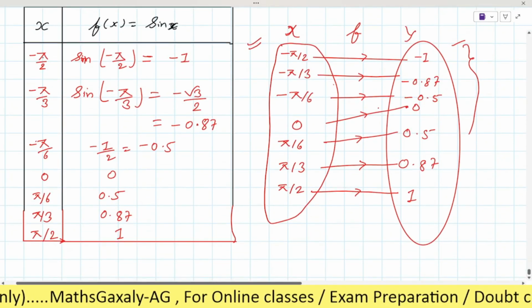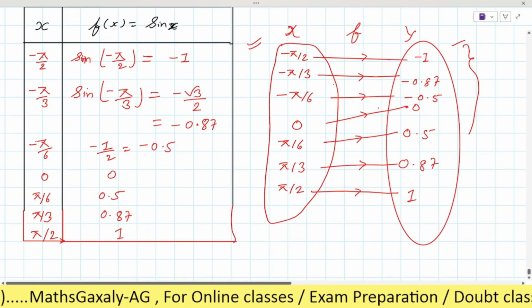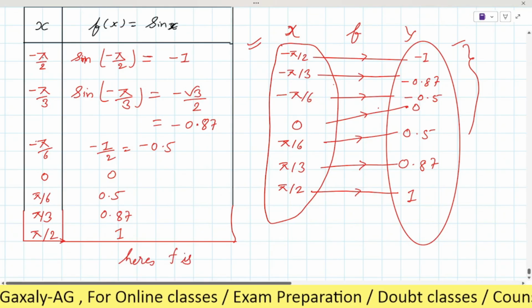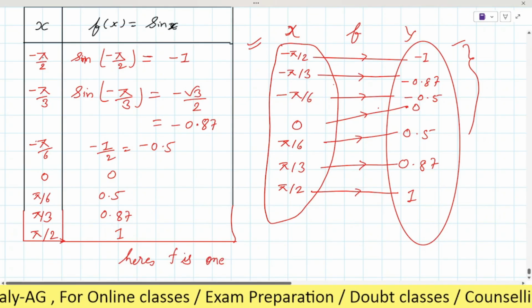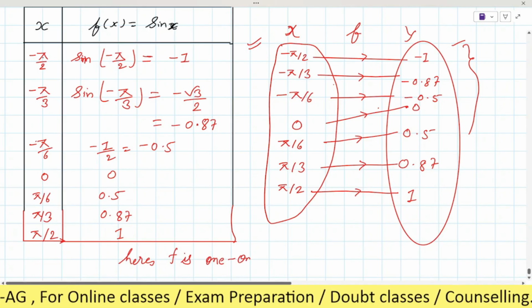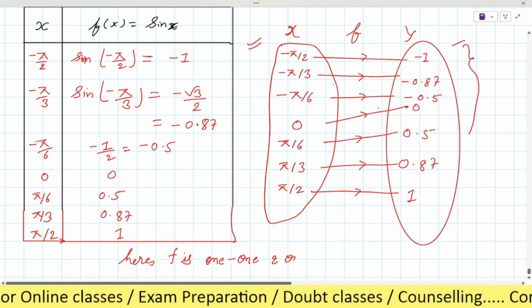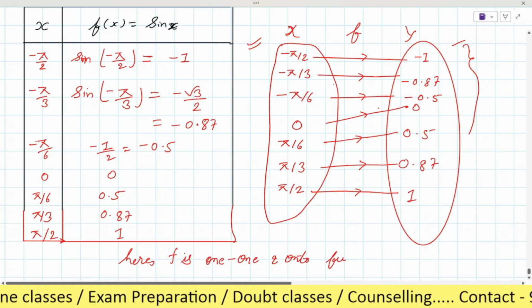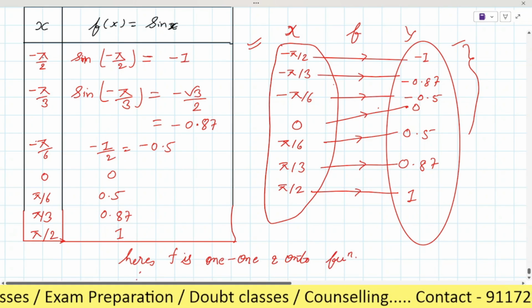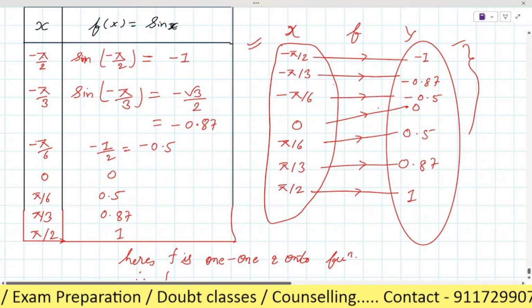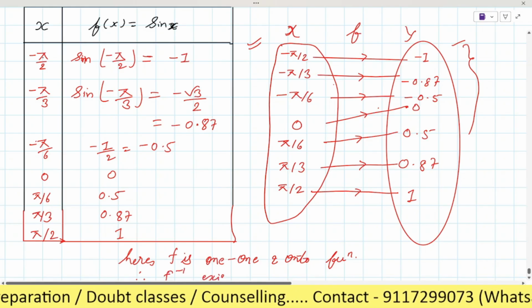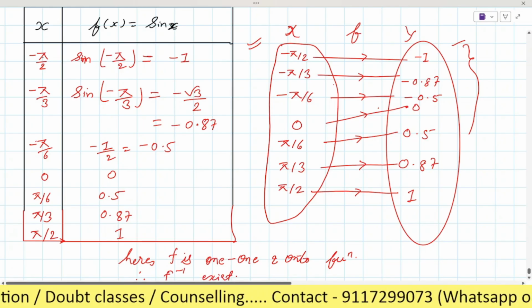So here we can say that f is a one-one and onto function, right? Is it clear? Okay. Therefore, f inverse will exist, है ना?